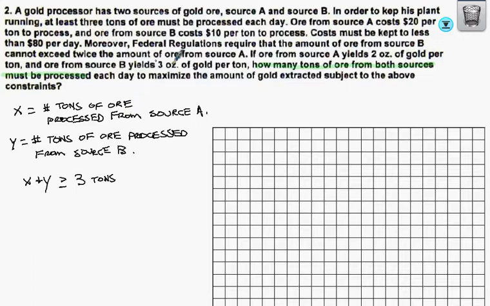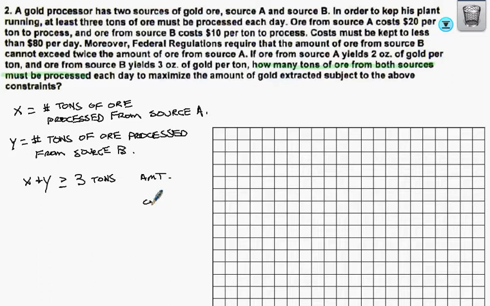And they say here that ore from source A costs $20 per ton to process, and ore from source B costs $10 per ton to process, and costs must be less than $80 per day. So this was an amount inequality.